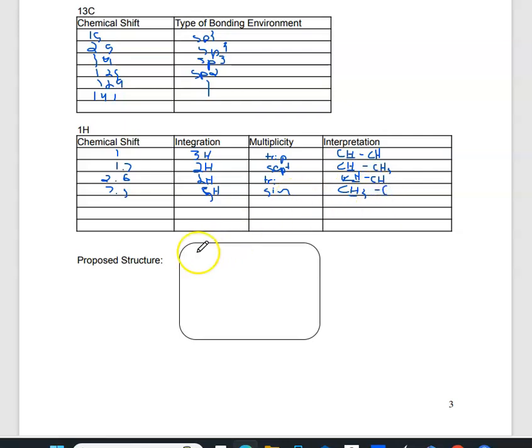Okay, so the proposed structure for this is a ring. And this is going to have 2 CH3s off of it.